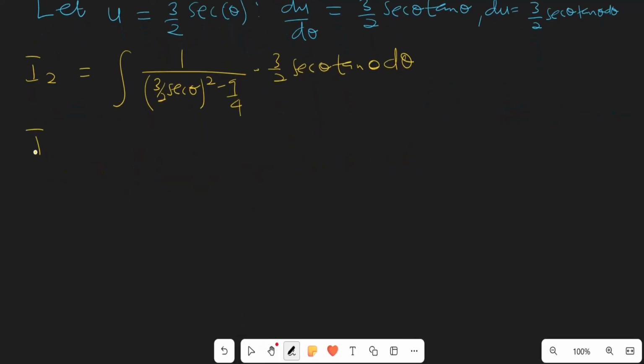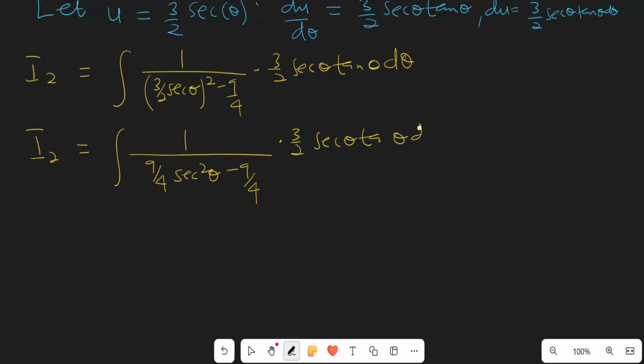What next? I2 is equal to the integral of 1 all over 3/2 squared, which is 9/4, now matching with our 9/4 here, so it can easily be factorized. So that is the trick behind the 3/2. So secant squared theta minus 9/4 times 3/2 secant theta tangent theta d theta.